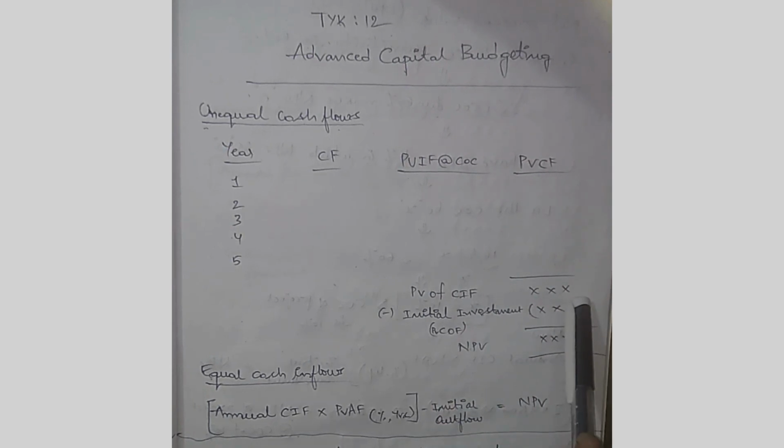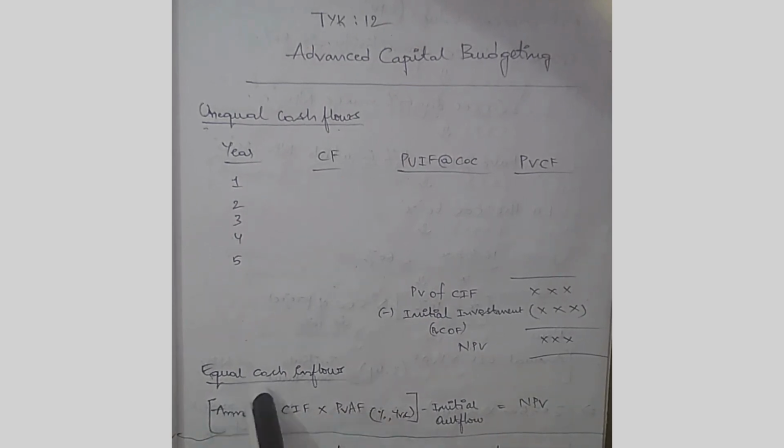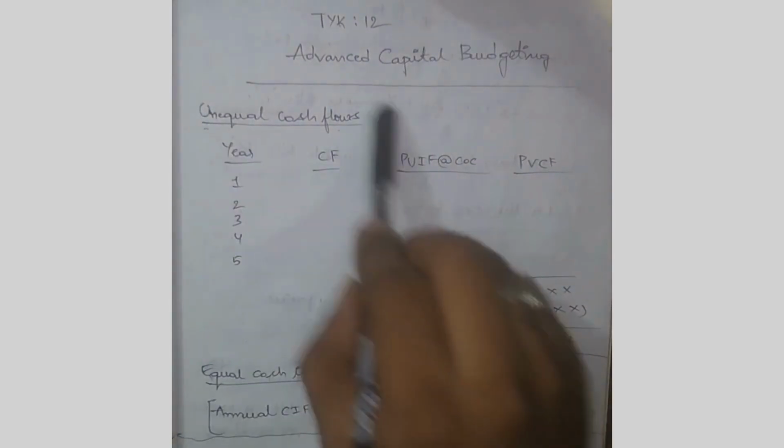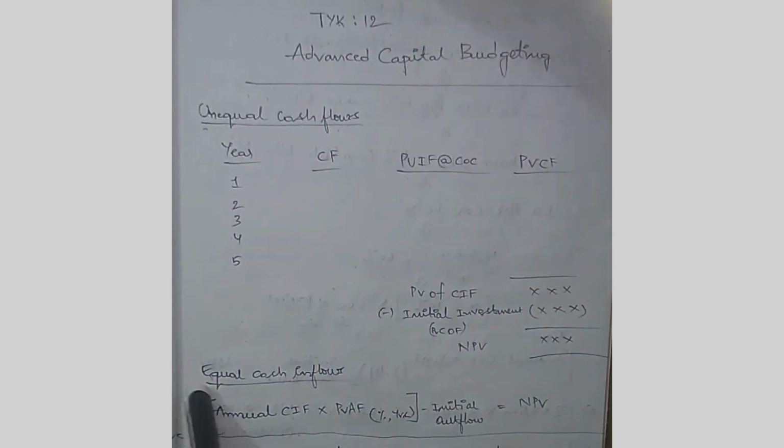It will be the present value of cash inflows, and we deduct the initial investment from this to get NPV. The other formula, when we have equal cash inflows, is annual cash inflow into the present value annuity factor at the given percentage of cost of capital for the life of the project, which gives the present value of cash inflows; if you deduct the initial outflow, it will be NPV. These two patterns are used in NPV calculations for unequal and equal annual cash flows.